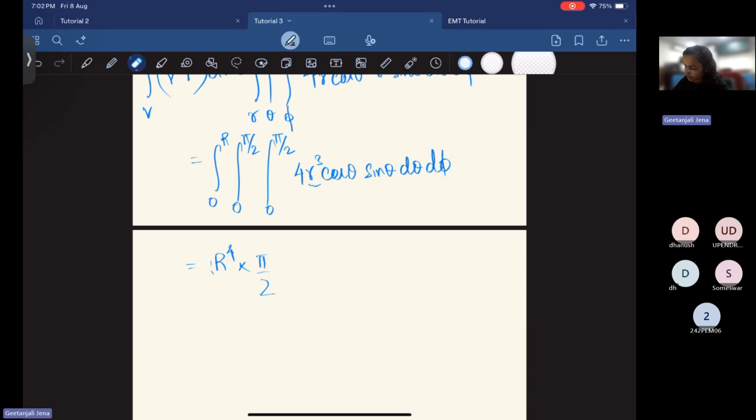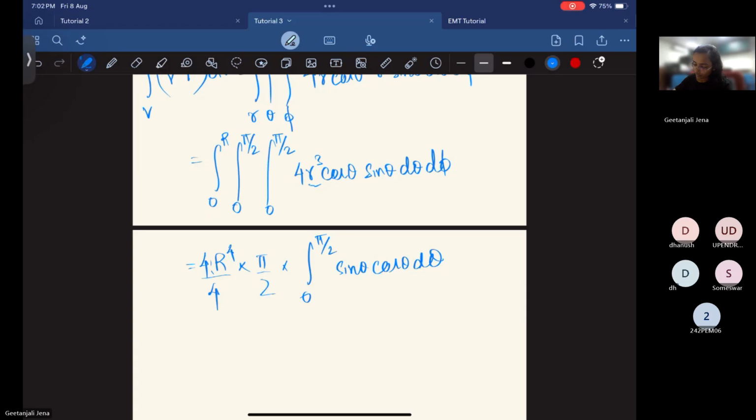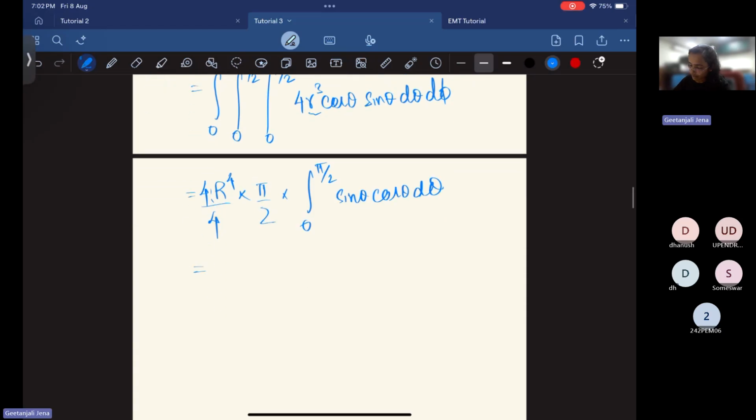So R to the 4 by 4 will cancel, and we have theta integration from 0 to pi by 2 of sin theta cos theta d theta. So this will be pi R to the 4 by 4. Just check the final answer. So this is for the LHS side, the volume integration of this function.